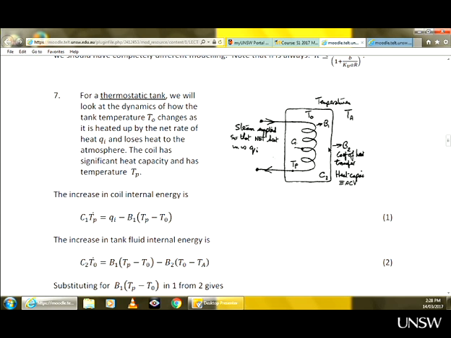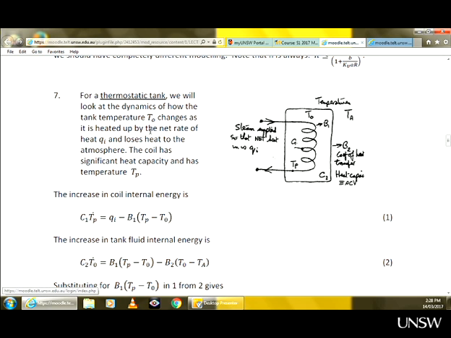And the tank loses heat into the atmosphere through the walls of the tank. So here you have two thermal processes. One between the coil and water, and the other one between tank, water, and ambient. Two processes, two equations. So we are going to write two equations.